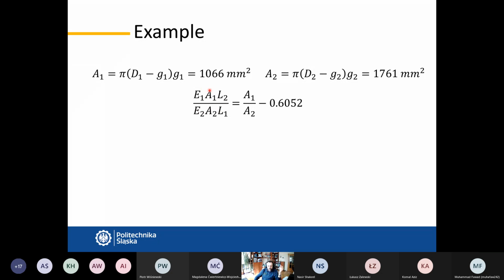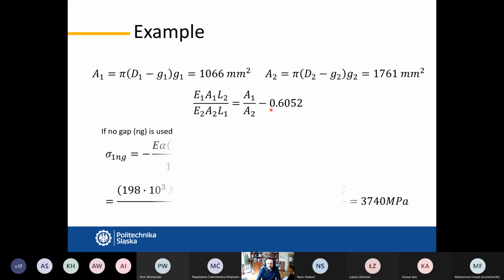Since both are of the same material and the same length, Young's modulus and length cancel out. And we have here the ratio of the areas. It should be, of course, equal, not minus.